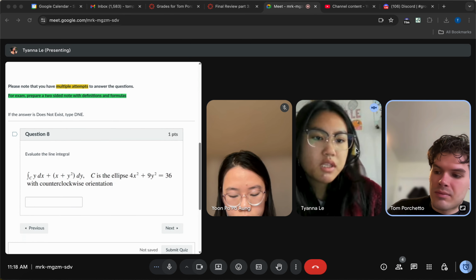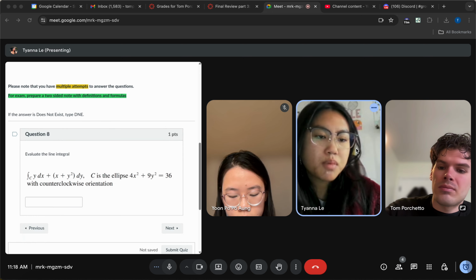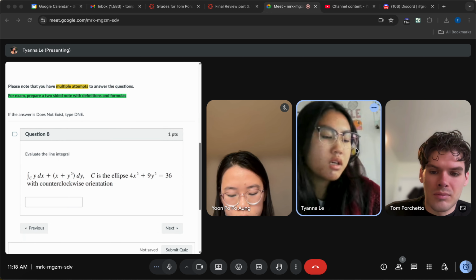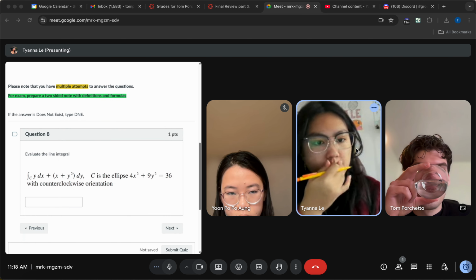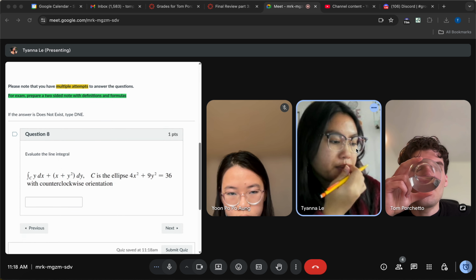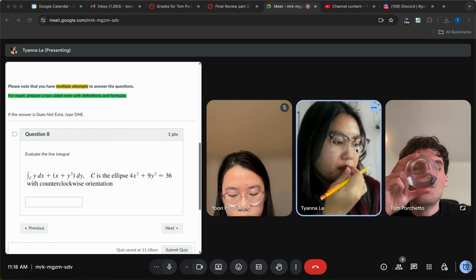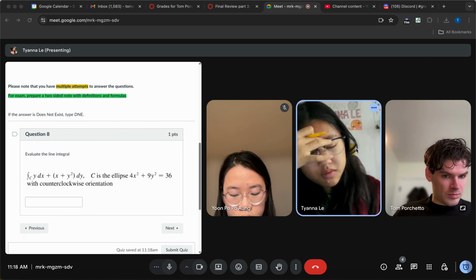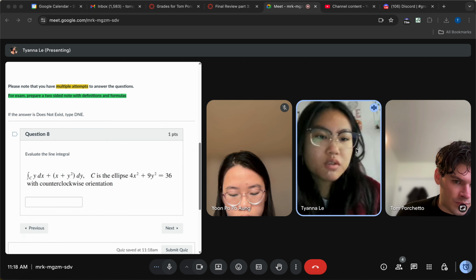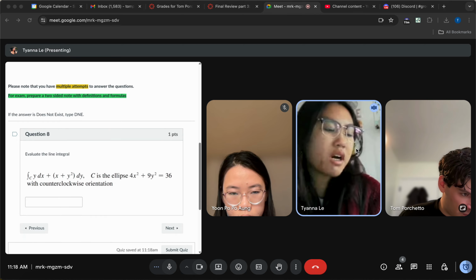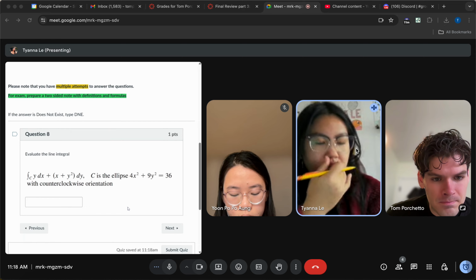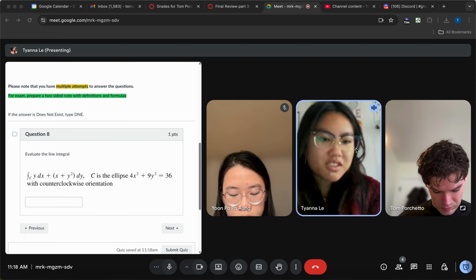And then evaluate the line integral bounded by C of y dx plus (x plus y squared) dy, where C is the ellipse. So then you can set f vector (P, Q), which is equal to (y, x plus y squared). Find if it's conservative first.